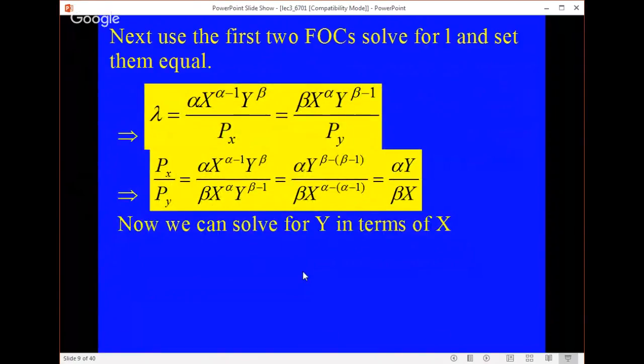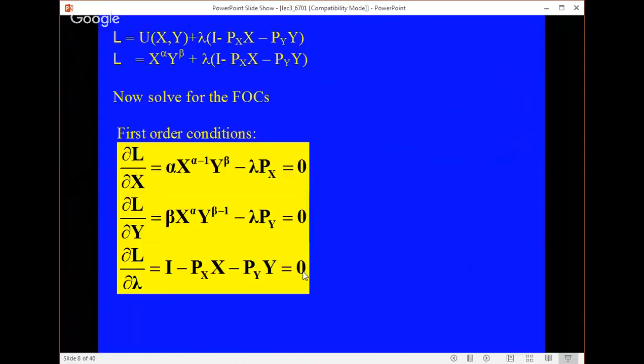So I solve for lambda in both cases. Here I have alpha x to the alpha minus 1, y to the beta, and I take the negative lambda px to the other side, and now I divide both sides by px, and I get alpha x to the alpha minus 1, y to the beta, over px equals lambda.